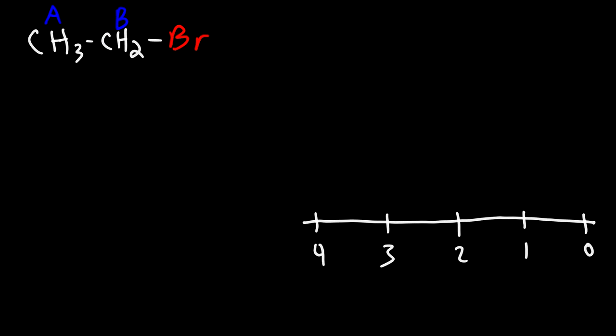Now, what is the splitting pattern for the CH3 protons, or protons A? What would you say? Would you say it's a singlet, doublet, triplet, quartet? Now there's something called the N+1 rule. The N+1 rule allows us to determine what type of splitting pattern we're going to get.